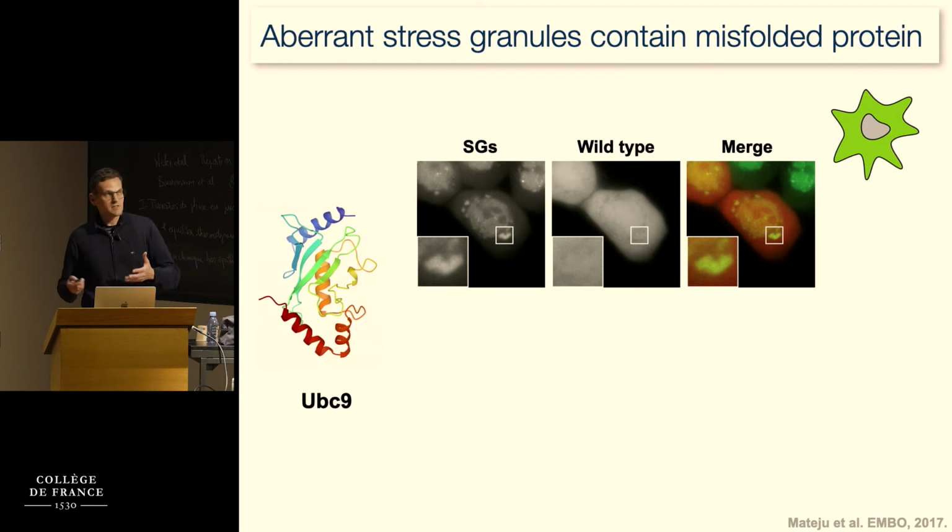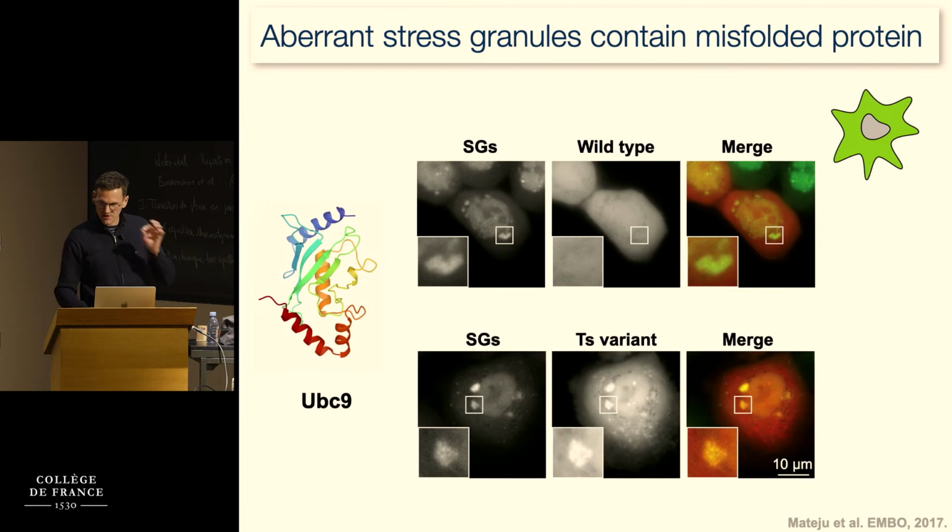And so what we did here is we asked the question, does this protein go into these granules? And you can see when you have stress granules forming and you have wild type UBC9, you see that this does not happen. It's not enriched. But when we have this variant with a single point mutation, this is actually highly enriched in the stress granules. And this was really important for us to see. This is already a couple of years ago.